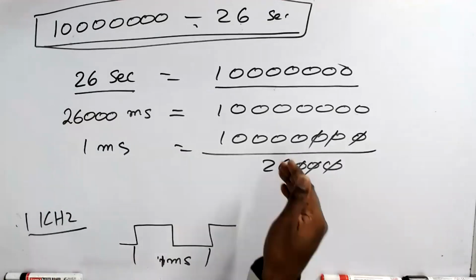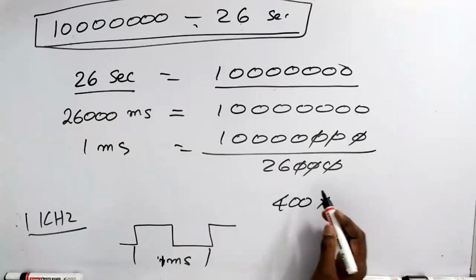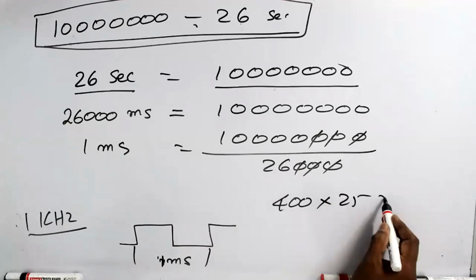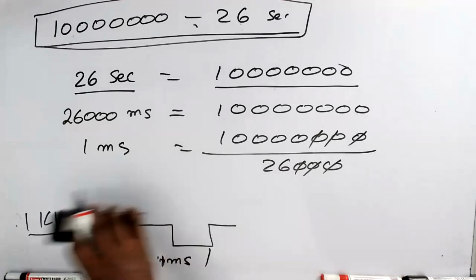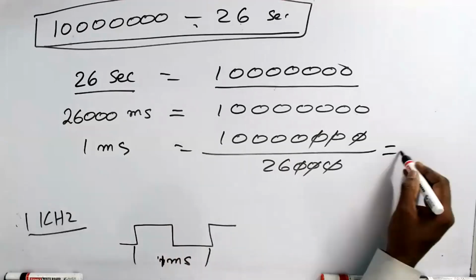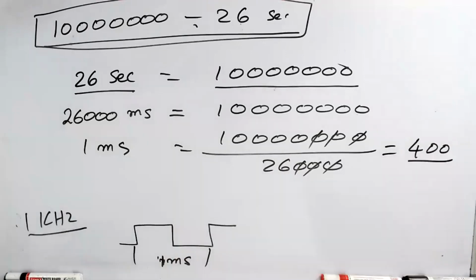Am I right? 400 into 25 is equal to 10,000. So the total count is 400, that is on and off. So now you know how to calculate the time count.